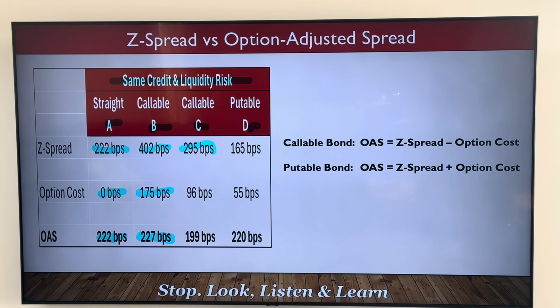So I remove the option, and I get down to the option adjusted spread for bond C of 199 basis points.